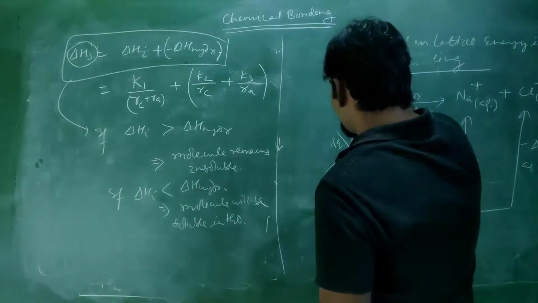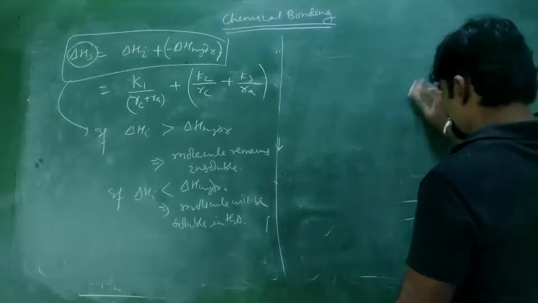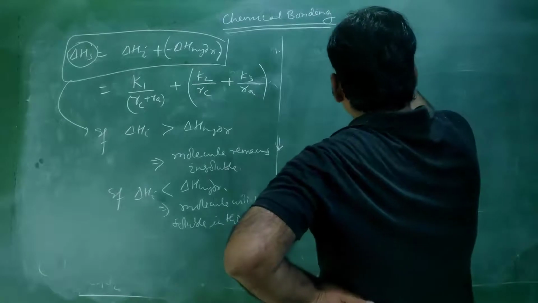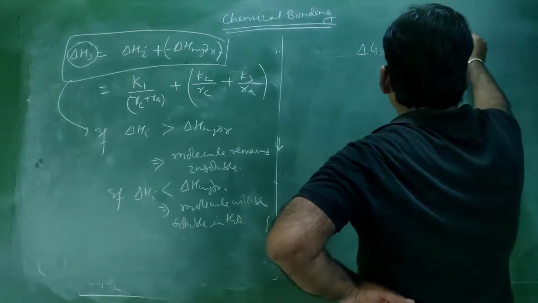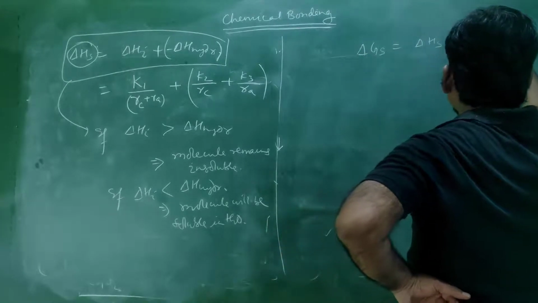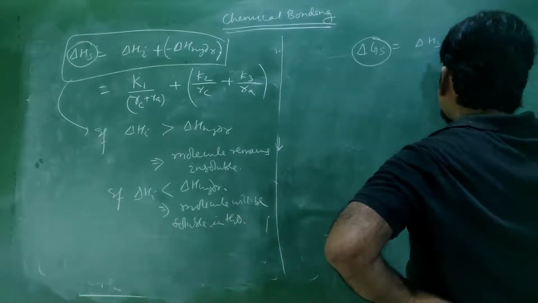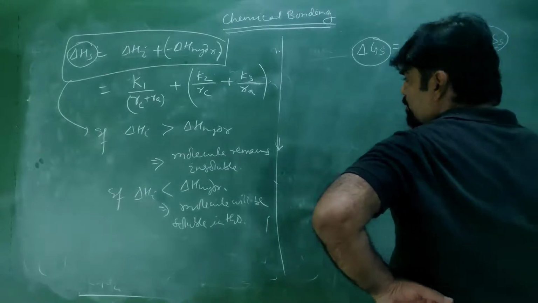Again, this we have discussed in detail. For the solubility, delta Gs, solution, is delta Hs minus T delta Ss. This is the Gibbs energy for solution, this is enthalpy for solution, this is entropy change for solution.